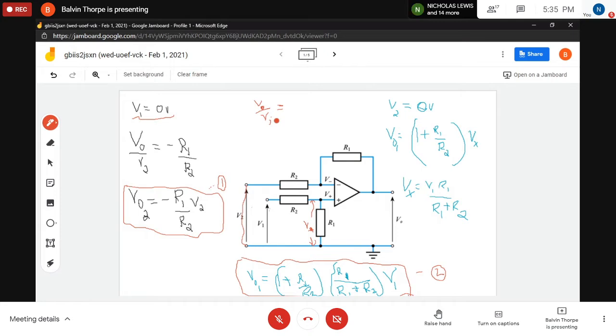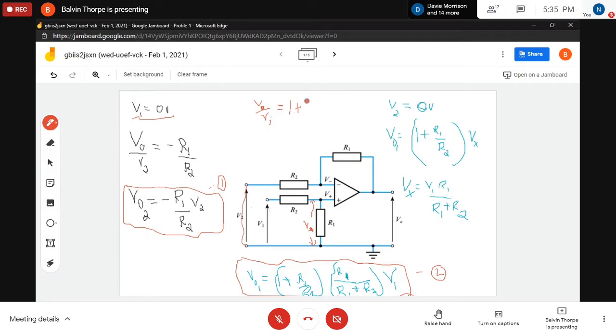So the gain for the non-inverting amplifier is what? Sir, is it R1 over R2 plus 1? 1 plus the feedback resistor over the input resistor. All right.